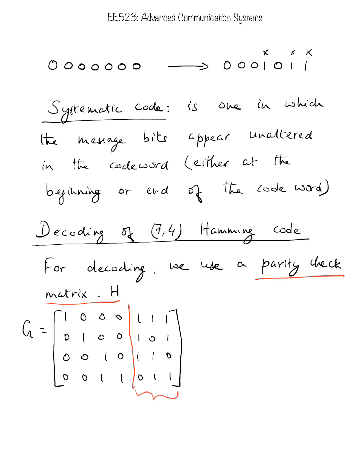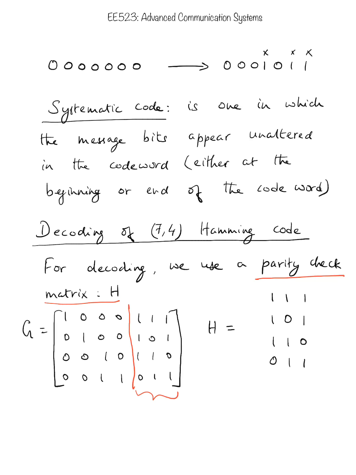So H is equal to, we take this part of the generator matrix and write it as it is. So we write it as 1 1 1 1 0 1 1 1 0 and 0 1 1.